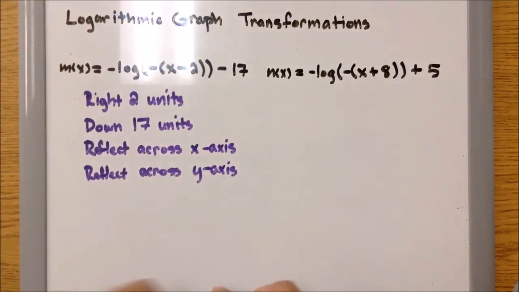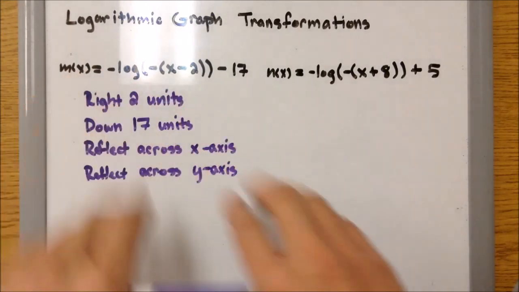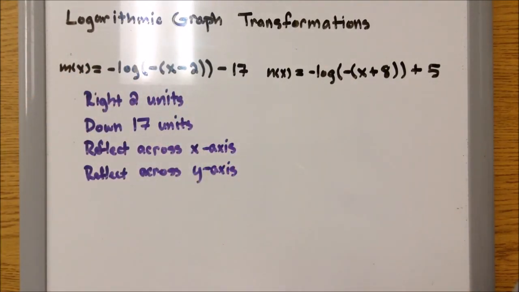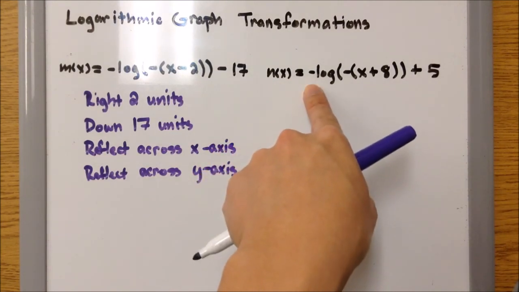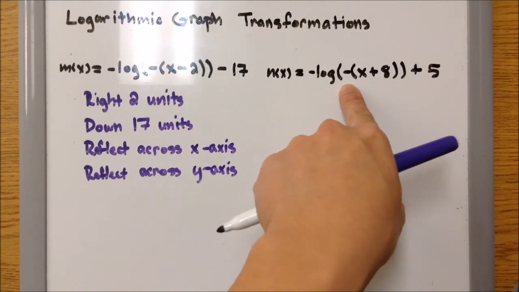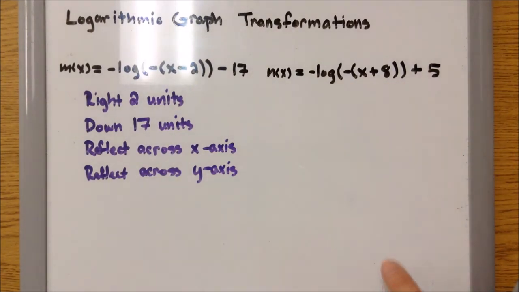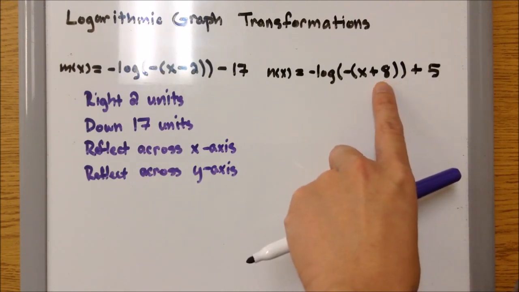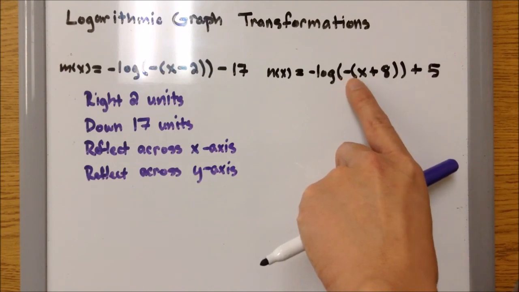Now, example 6. Similar to example 5, so we're going to do the same process. Example 6 is n of x equals negative of log of negative of x plus 8 and then plus 5. So, you see again, you have the parenthesis on the x plus 8 because we have a negative outside.